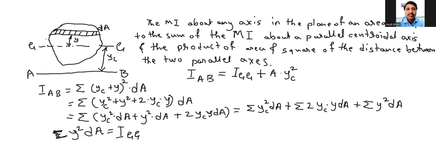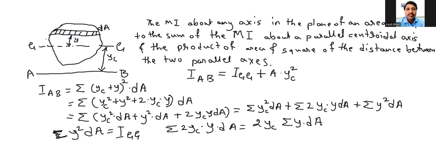Then this summation of 2 times Yc into Y into dA can be written as, let us take 2 Yc outside as a constant, it will become summation of Y into dA. Okay.